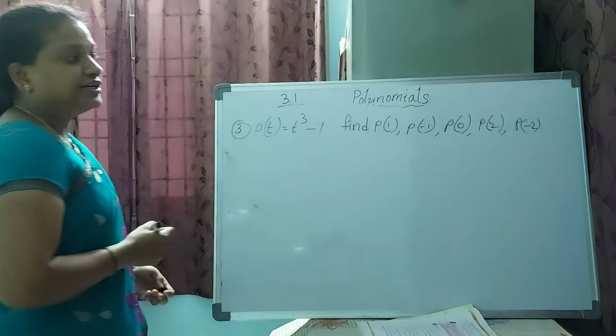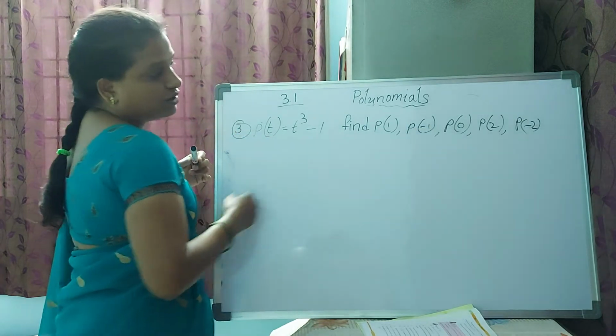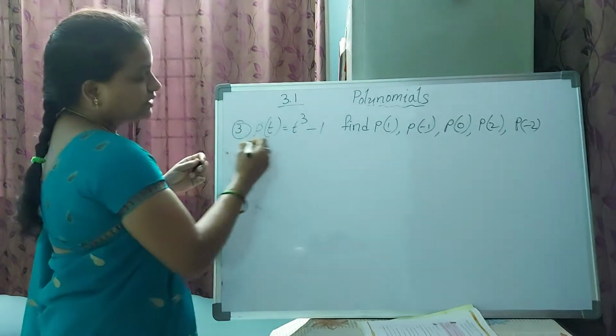Okay, we have to find out these values. I will tell 1, 2, 3, the remaining you do. See, this is P of t.